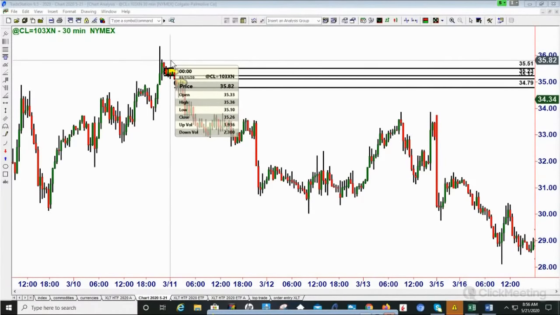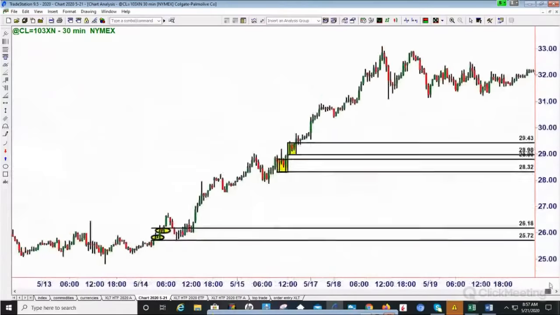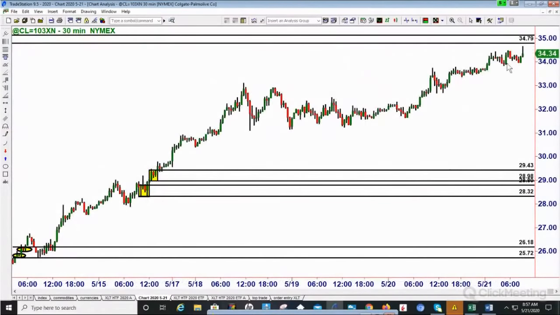So what happens is, crude oil is used all around the world, right? So it's still being traded in there. It's just lighter volume than something such as the pit session that we have. So those zones are overnight inside of the European markets.